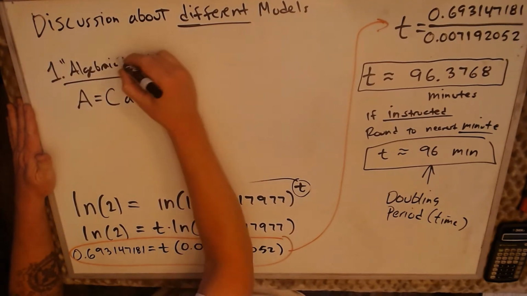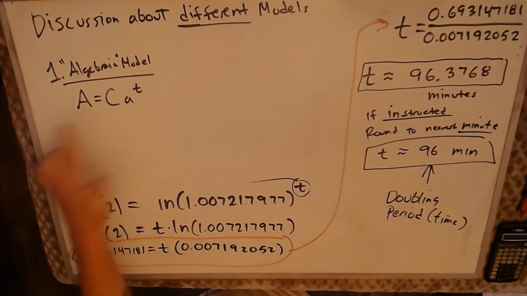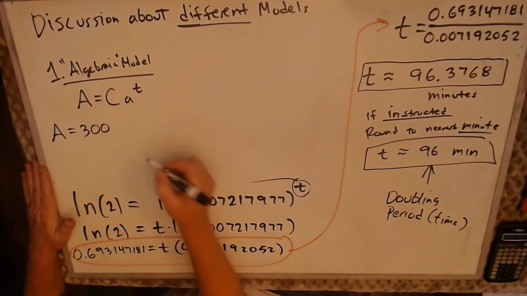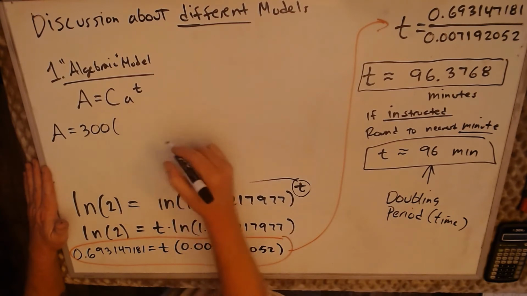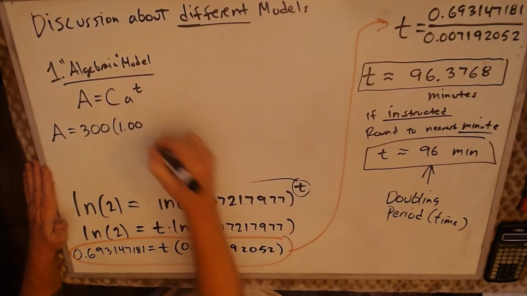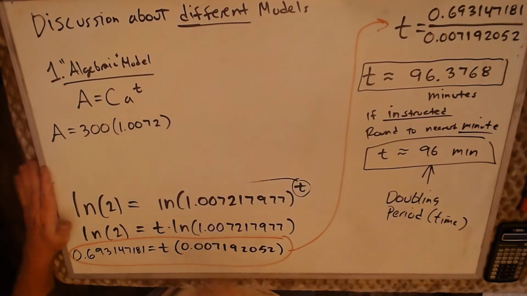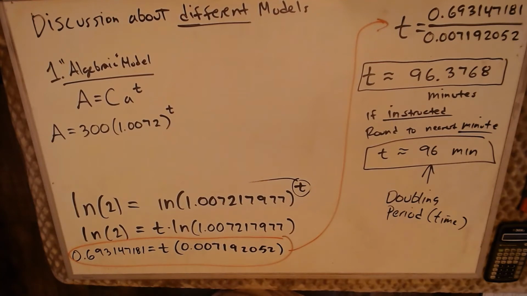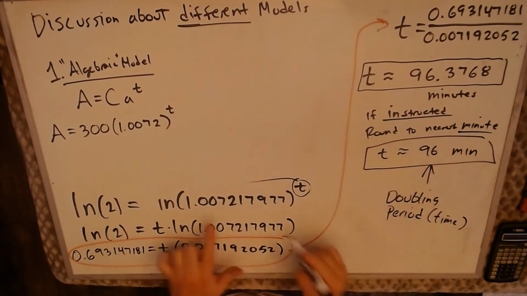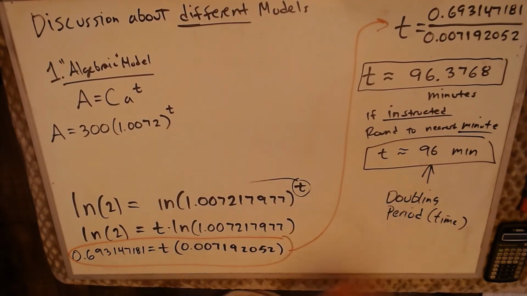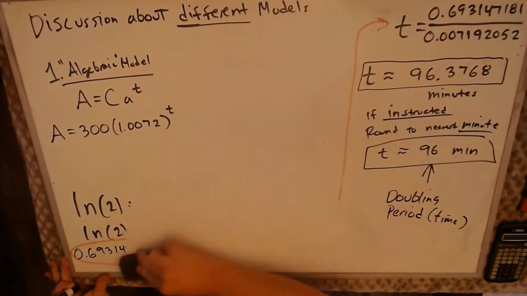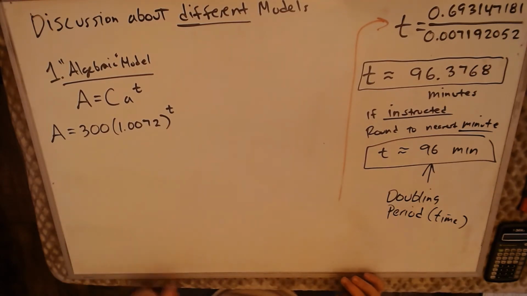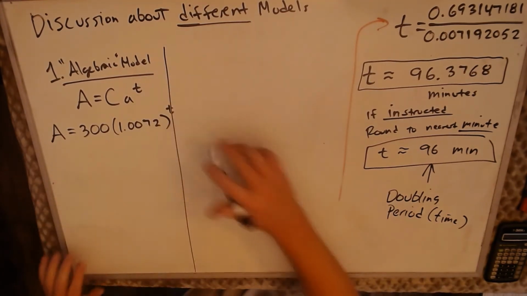I'm giving it that name because we found this model algebraically. So our model basically said that we had 300 cells. Our base was 1.0072. I'm going to round for this particular explanation because at this point we already have our answer, so I can throw away all these extra decimals because I'm done using this formula now. I'm just going to talk about it for a little while. So this is the algebraic model that we just found.